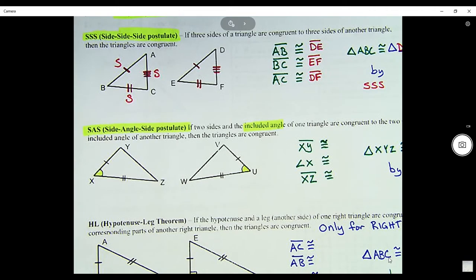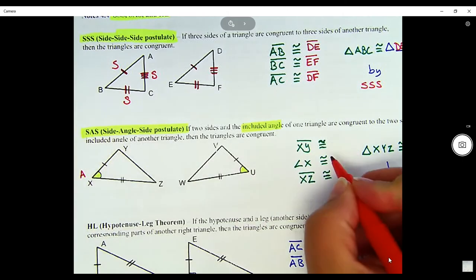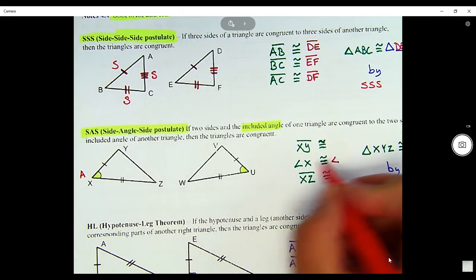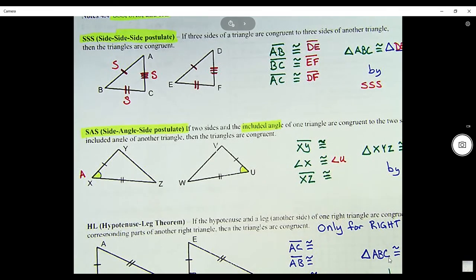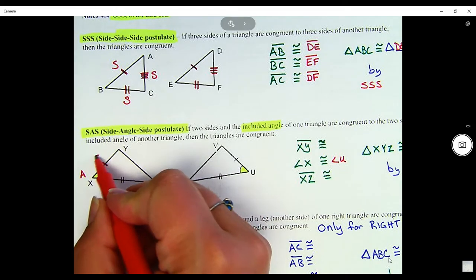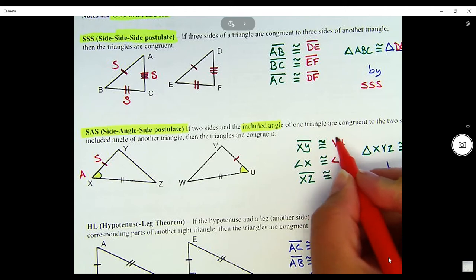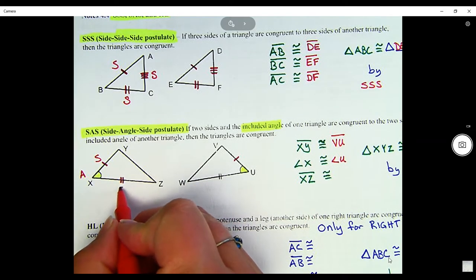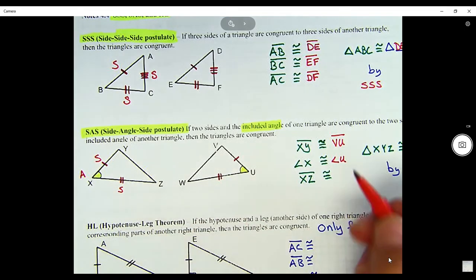So I'm going to start out with that angle. Angle X and angle U are congruent. I'm going to mark that I have an angle, and I'm going to write on the list over here that angle X is congruent to angle U. Then we have a set of sides here. XY is congruent to VU, and XZ is another set of sides that's congruent to UW.